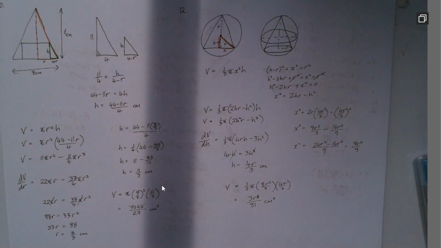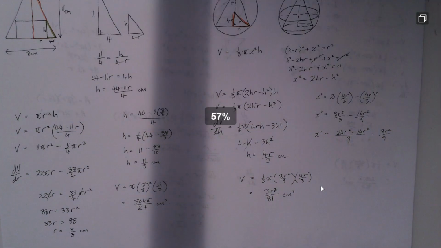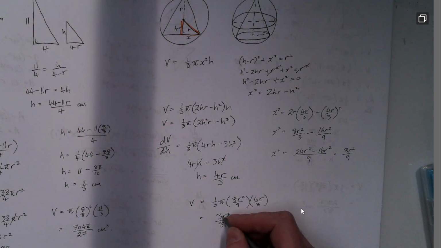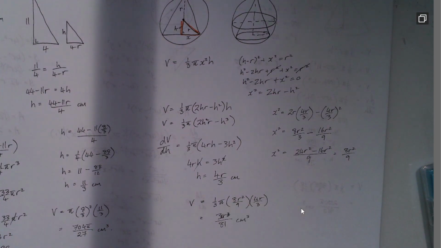Because of the pi, we must remember the pi, so it's 32 pi r cubed over 81.